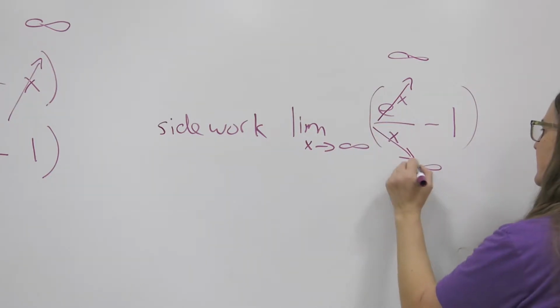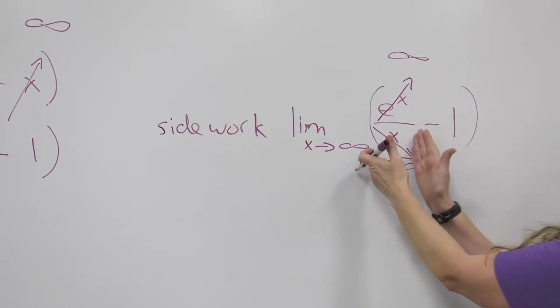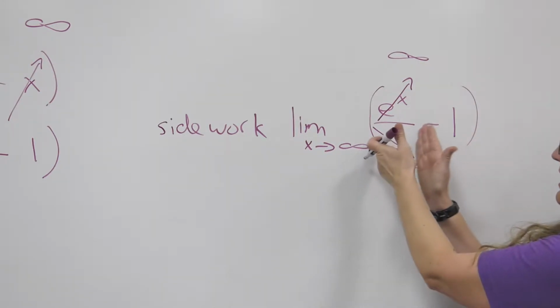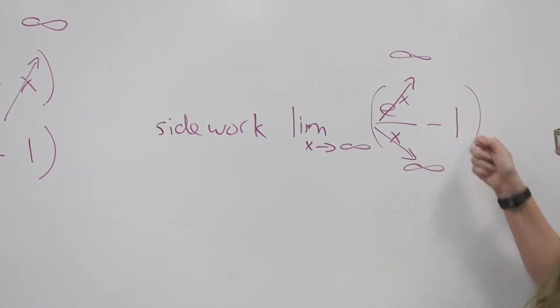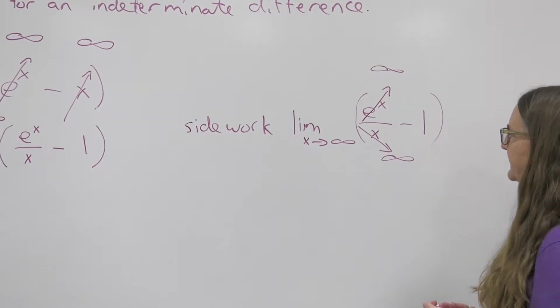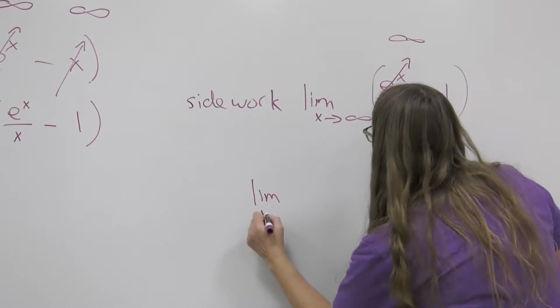This piece is also going off to infinity. So for just this part, I've got an indeterminate quotient. Now, whatever I get for that part, I'm supposed to subtract 1 from. Okay. So I'm going to do a little bit more side work. I'm going to focus on just that part.